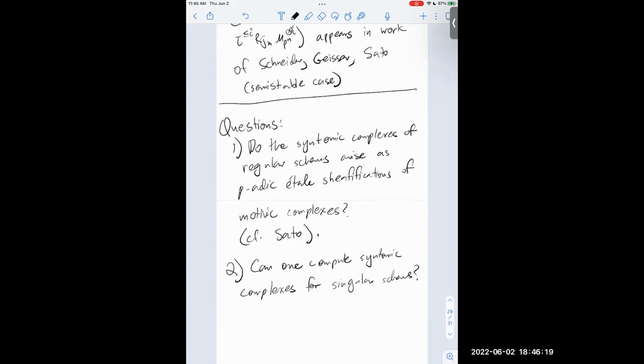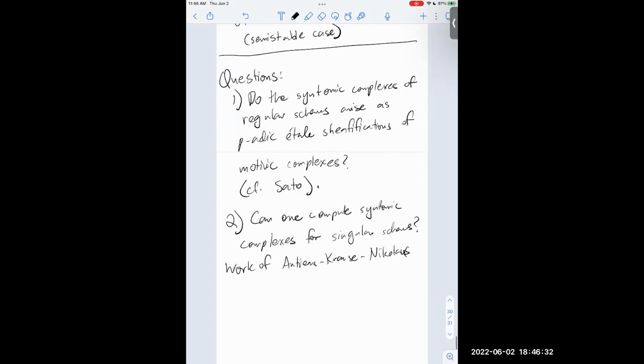And let me just mention that there's this work in progress of Antieau, Krause, and Nikolaus for the synthomic complexes. So there's a research announcement on the arXiv. Of the rings Z/p^n. So in general, this will also be presumably a harder question in mixed characteristic than in equal characteristic.